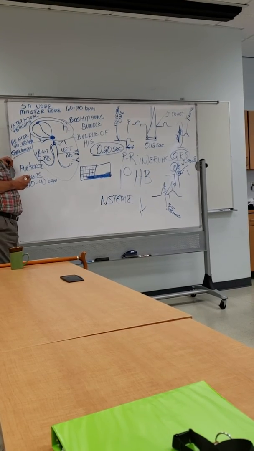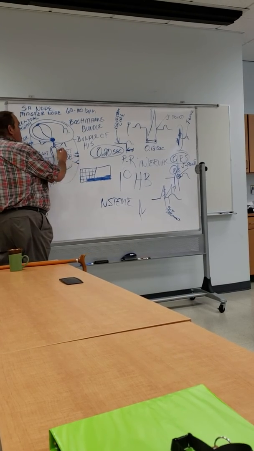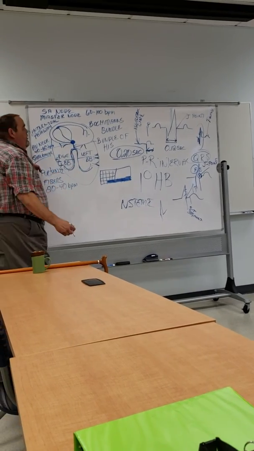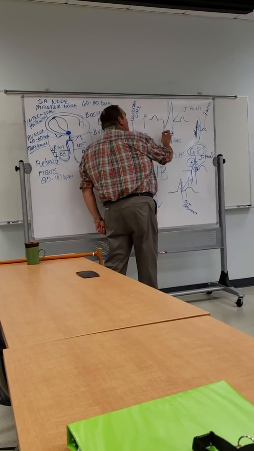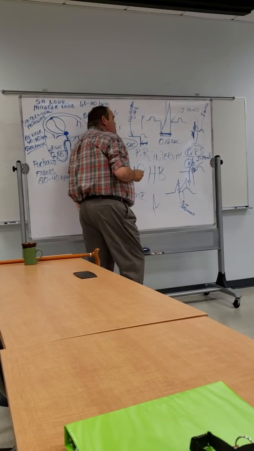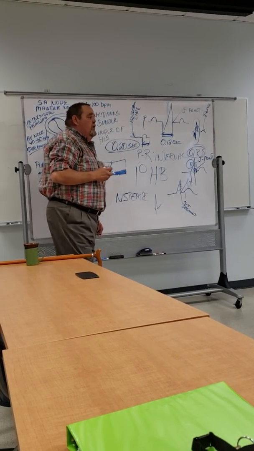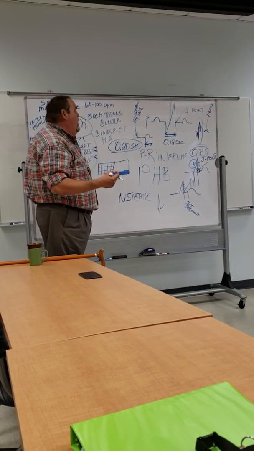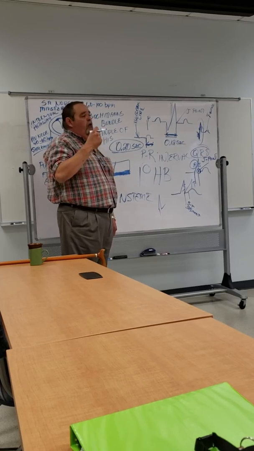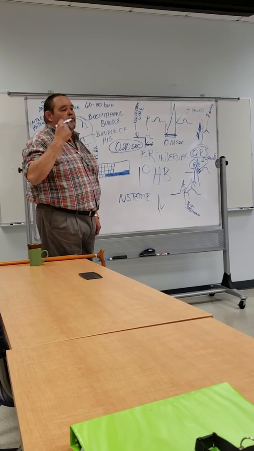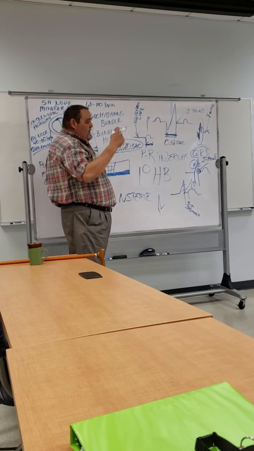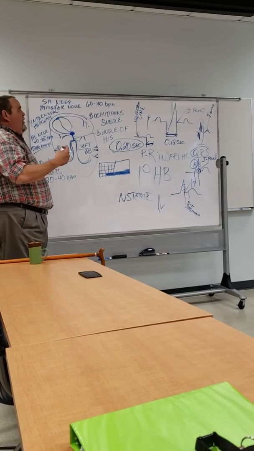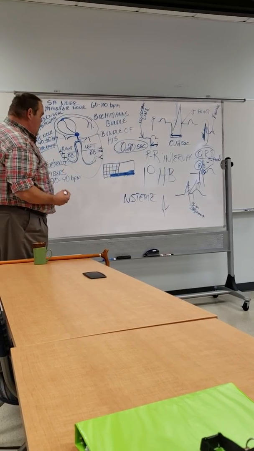The longer it takes those impulses to travel through the bundle of His into the left and right bundle branches determines how wide this will be. So if your QRS complex is more than 3 blocks wide, it's taking too long for that impulse to travel through the ventricles of the heart. You have a delay somewhere. And I will get into that in a minute, where I'll show you what's causing the delays.